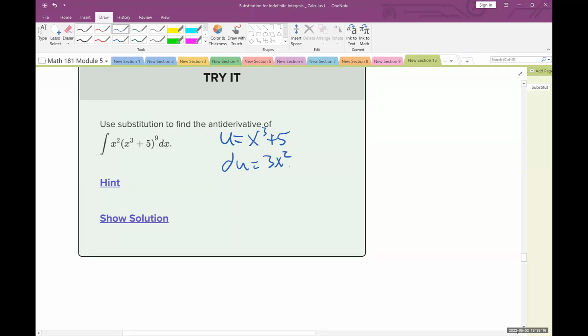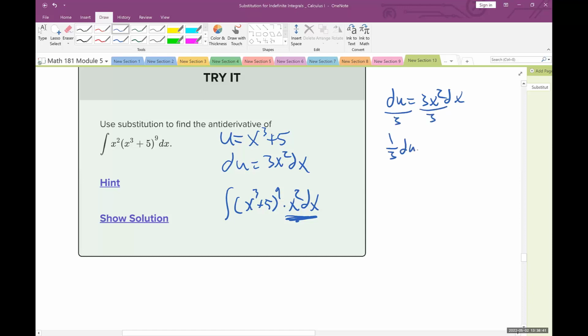Very good. And we don't have a 3x squared dx. We have the integral of x cubed plus 5 to the 9th times x squared dx. We have the x squared dx. So what do we need to do with that? Multiply by 3. I could divide by 3. So 1/3 du equals x squared dx.